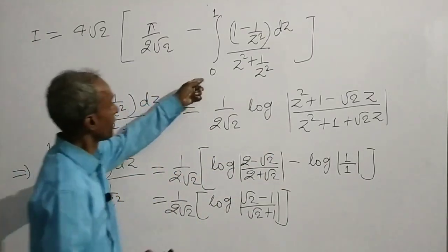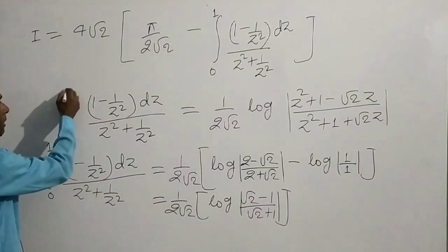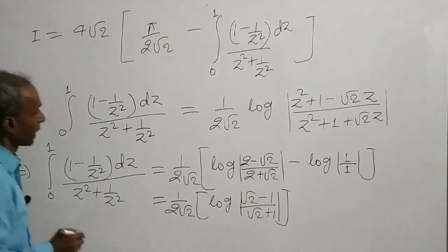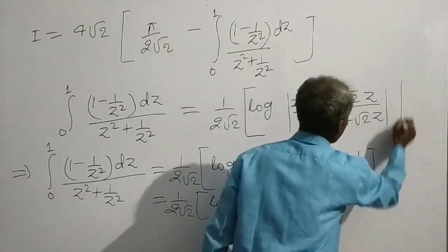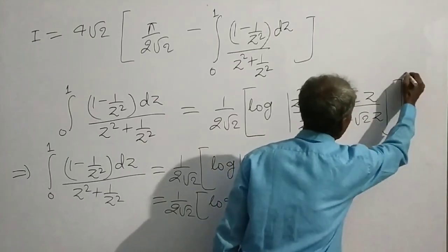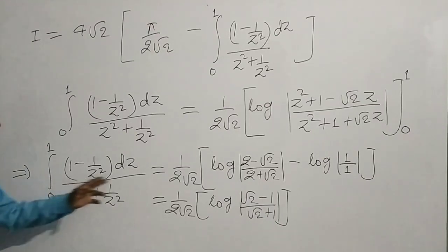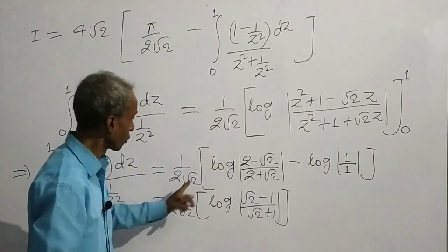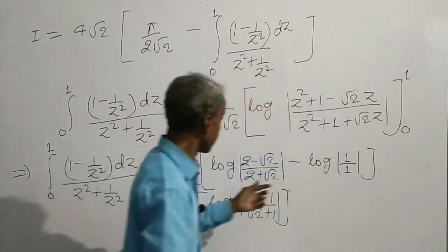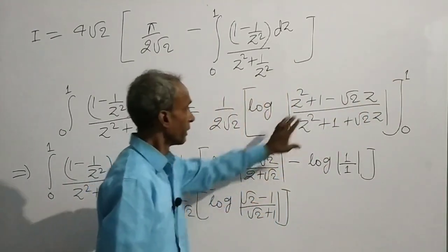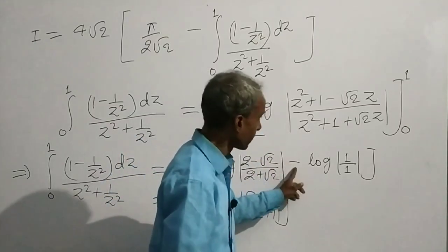When we write limit, that means value of definite integral from 0 to 1 will be equal to this, 0 to 1. Therefore, this definite integral will be 1 by 2 root 2. We write 1 in place of z, then this becomes equal to this minus sign.